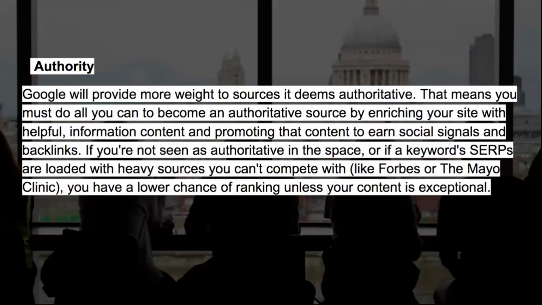So the second thing is authority. Google would provide more weight to sources it deems authoritative.